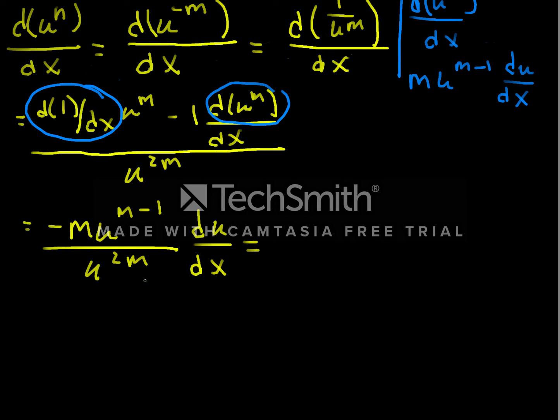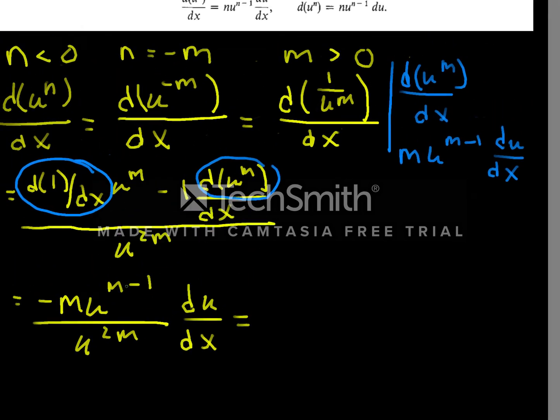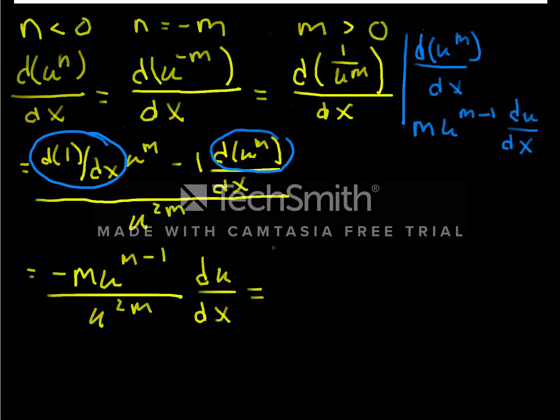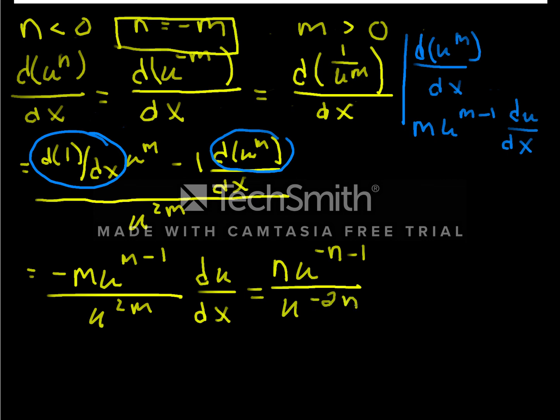And now I'm going to replace the m's back with the n. So remember, n is equal to minus m up here, right? So this I can rewrite as n times u to the minus n minus 1 all over u to the minus 2n, du/dx.